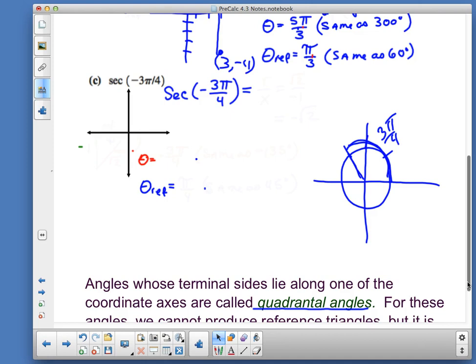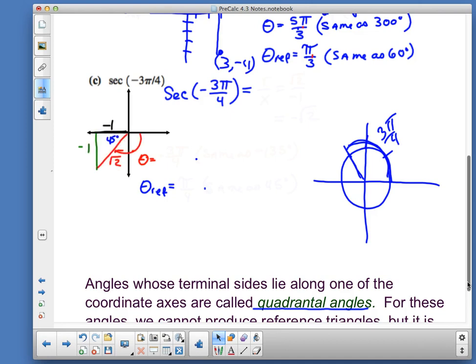Okay, so I've got my negative 3 pi over 4. I should be down in here with my 45 degrees and happy as a lark, I hope.